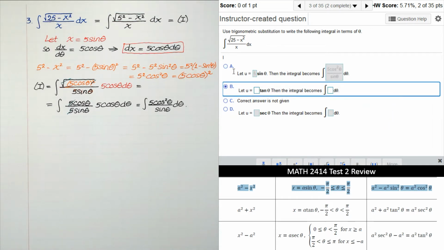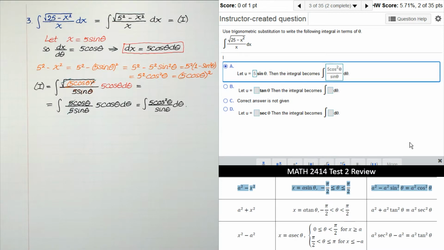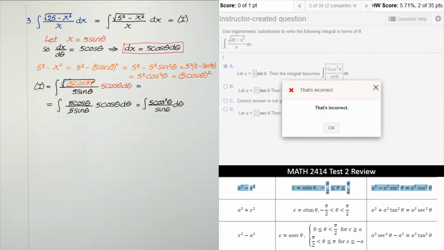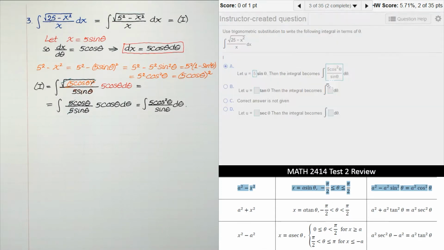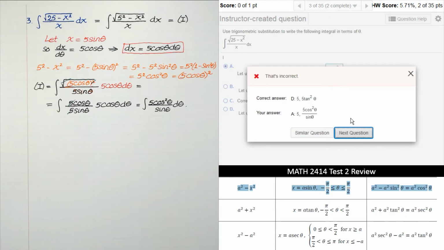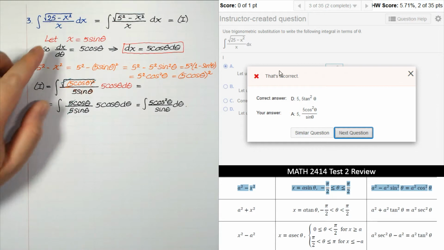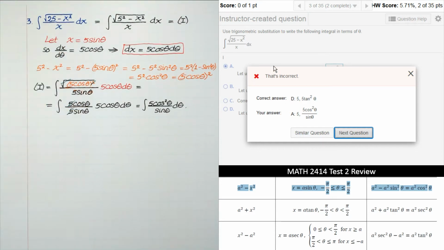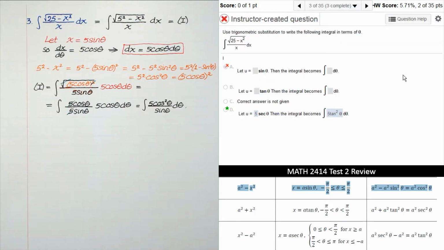That's what it should be, but the answer is wrong. Sorry. When I wrote that down, I meant it to be x squared minus 25, and not the other way around. Ignore that.